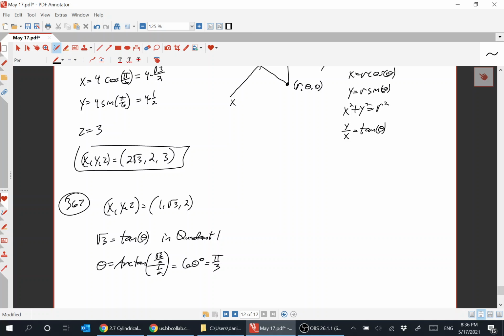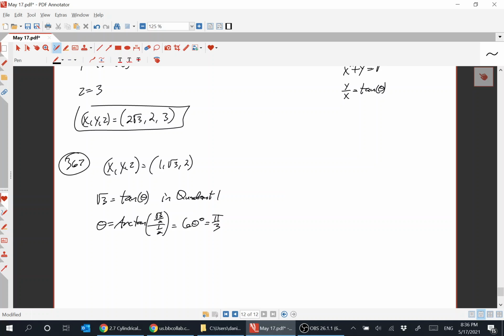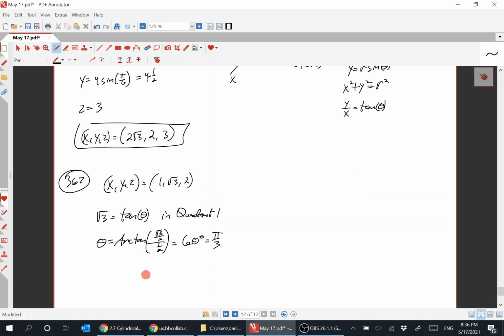Right, and then how would you find r? Right, so x is r cosine theta. Oh, sorry, well, r squared is x squared plus y squared, this is the easier way to do it. r squared is equal to x squared plus y squared, which is going to be 1 plus 3 is 4.